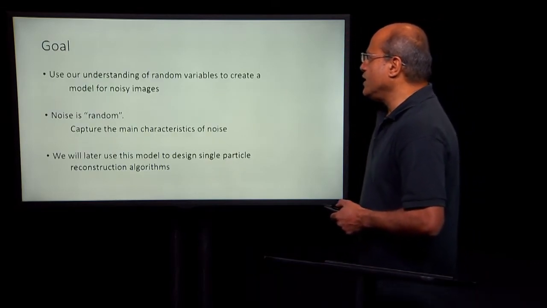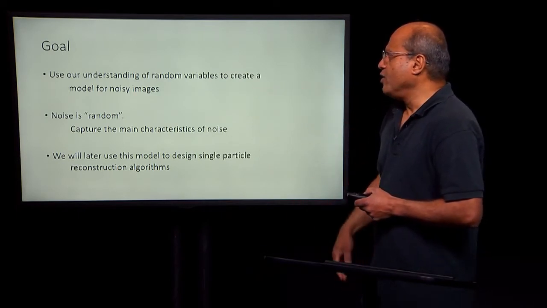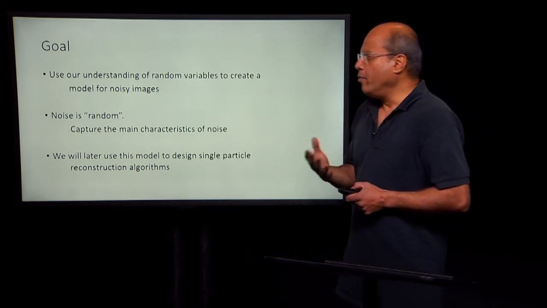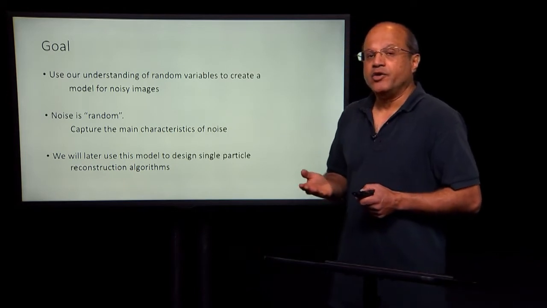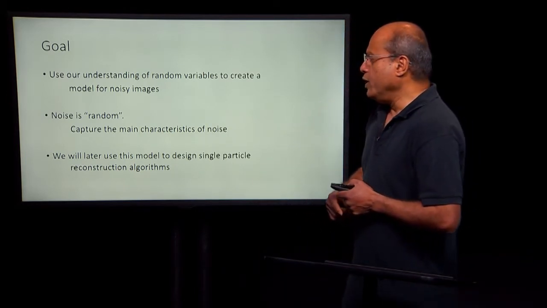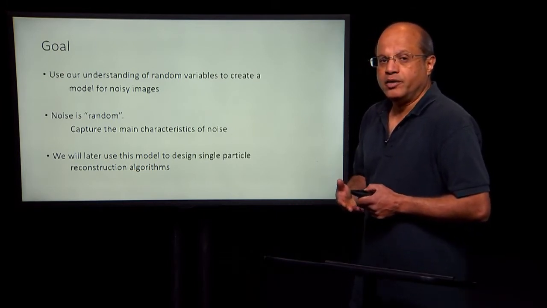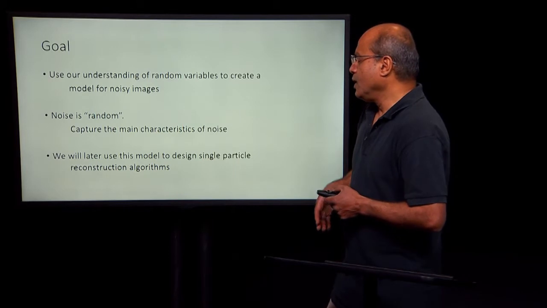Our goal in this lecture is to use our understanding of random variables to create a model for noisy images. CryoEM images are noisy, and we need a model for the noise in order to do good single particle reconstruction.